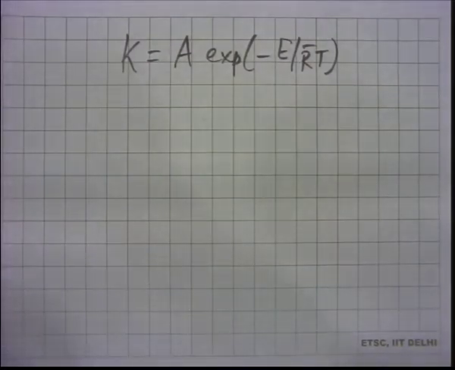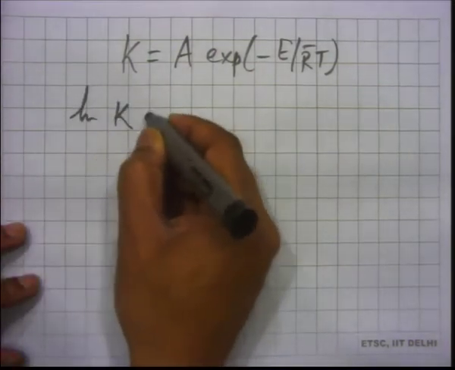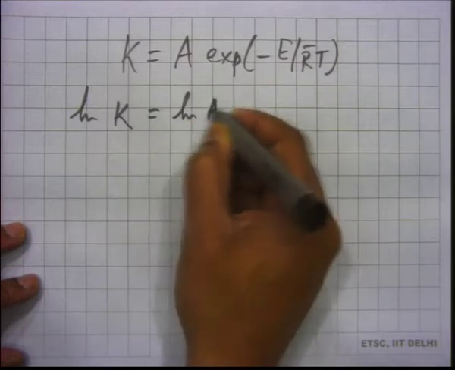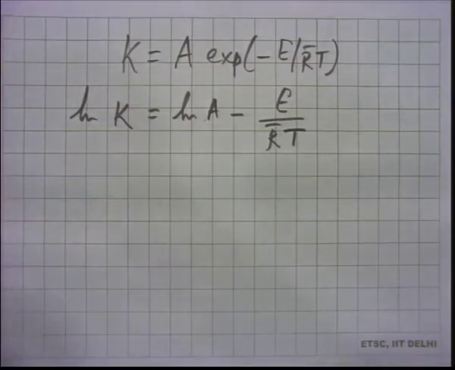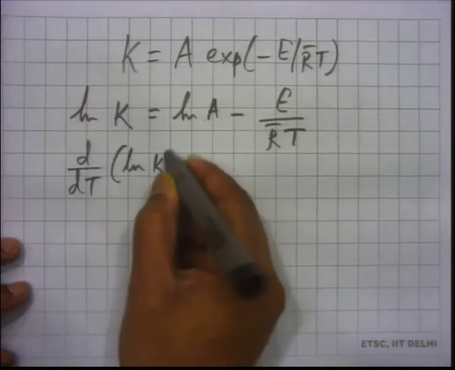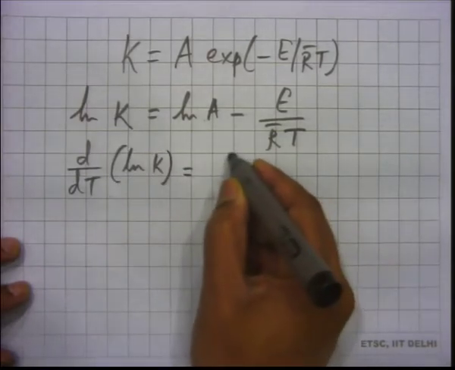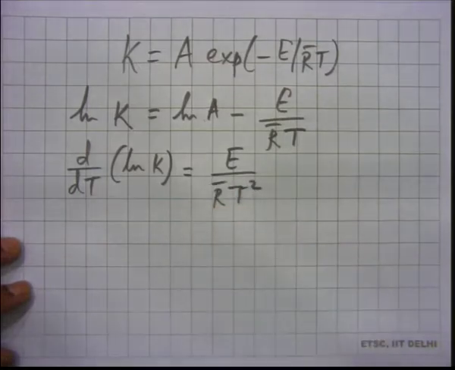The other thing that we can do is, it's basically the same thing, but just writing it in a different form. We can take log of both sides, and we get this, and if we do a temperature derivative of this, then this will become E by R bar T squared.